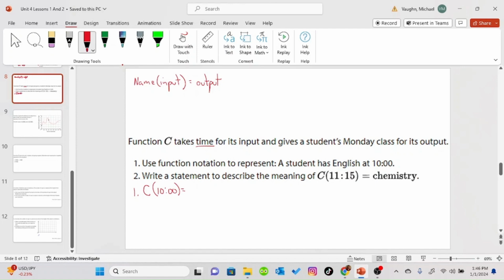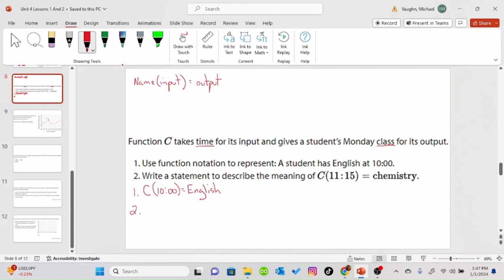And the output here is the class, which is English. So this would be function notation. Function C, 10 o'clock input, gives us English class as the output.